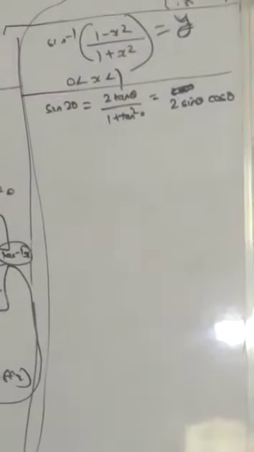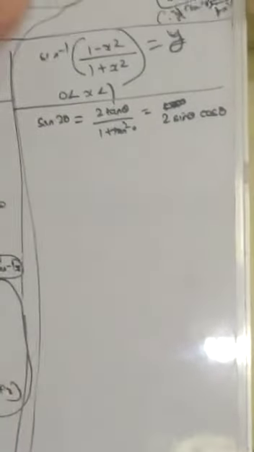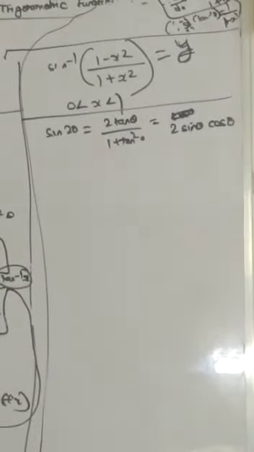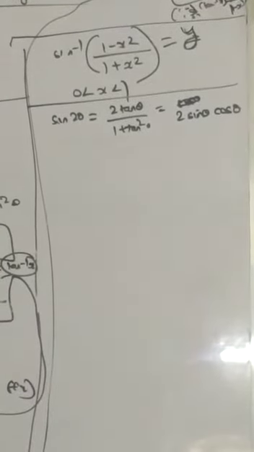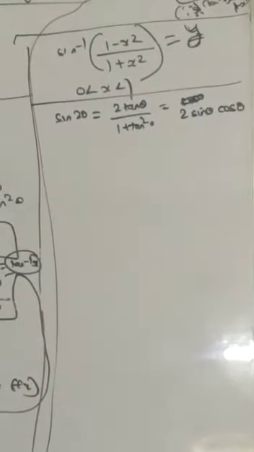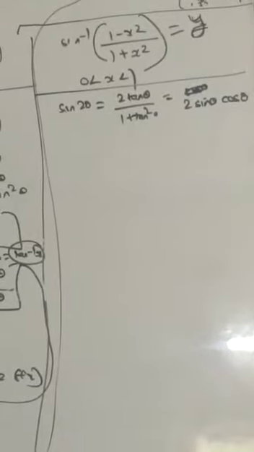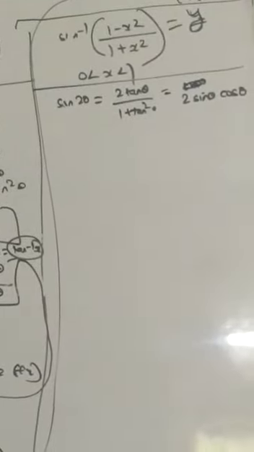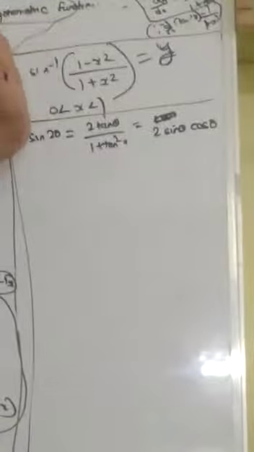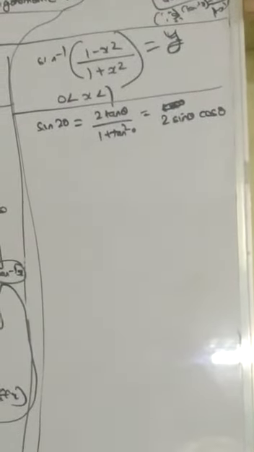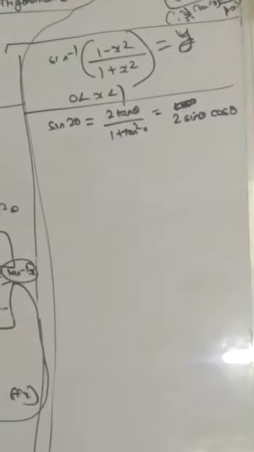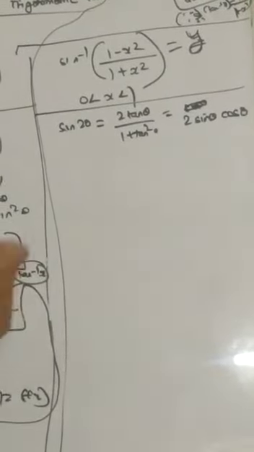So maybe a slightly different strategy from the earlier sum is required here. Maybe I go with what I did here. Maybe I get something in cos, and within the inverse trigonometric function, I try to reconvert it to sine. You might not connect with what I am saying, but we'll see in a moment.